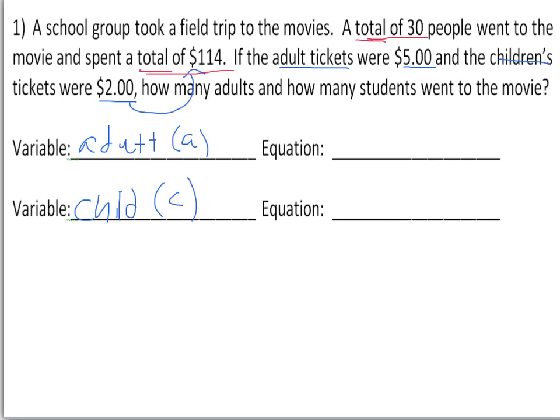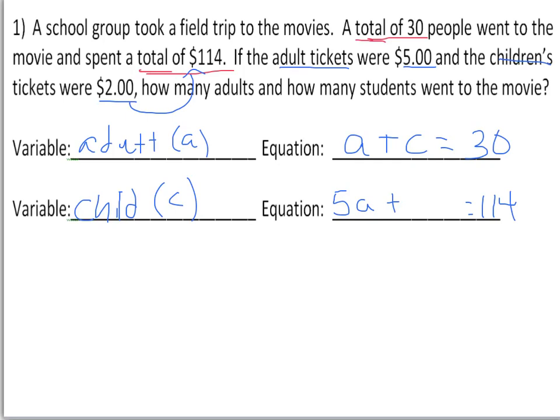So I know that however many adults went and however many children went, that number added up to 30. So I've got A plus C equals 30. Then my second equation is going to involve my total amount of money, $114. I know that for however many adult tickets were sold, each one cost $5.